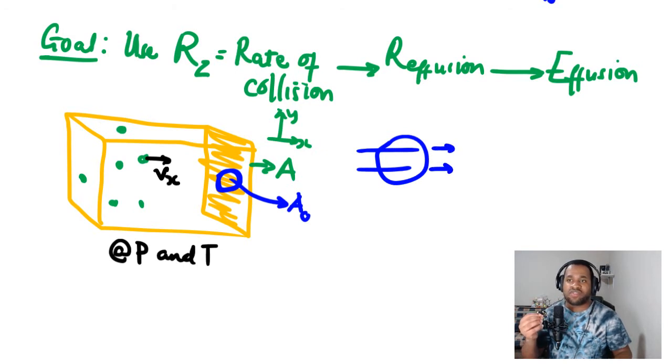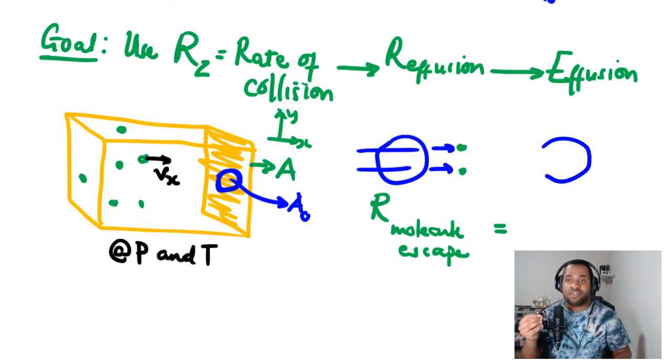Represented as green going outward, the rate at which our molecules escape is equal to the rate when you have this system actually sealed and you have the particles hitting against this region.